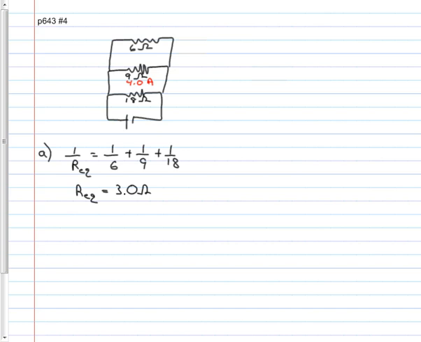Now what I'm going to do is redraw an equivalent circuit. It's right over here, and we have 3.0 ohms of resistance. So that's part A. In part B, they ask, what is the potential difference across the source?